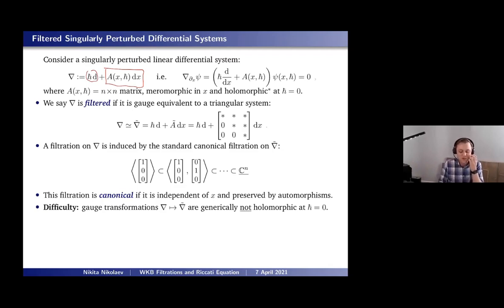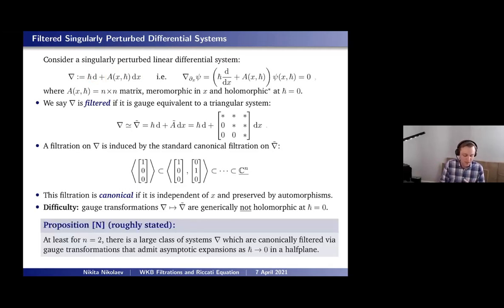So these gauge transformations that do allow me to simplify my system in this way are not holomorphic at H bar equals 0, but they are holomorphic in sectors at the origin, and they admit asymptotic expansions of certain regularity. So basically, the proposition for these singular Lipset systems, roughly stated, is the following.